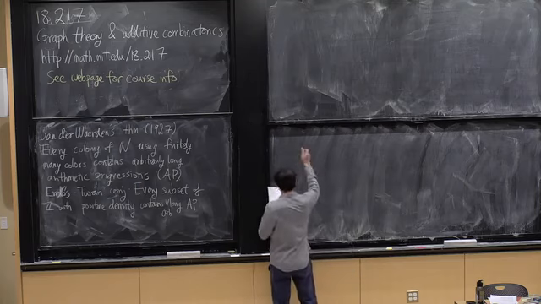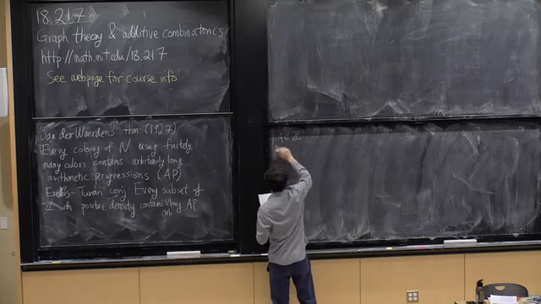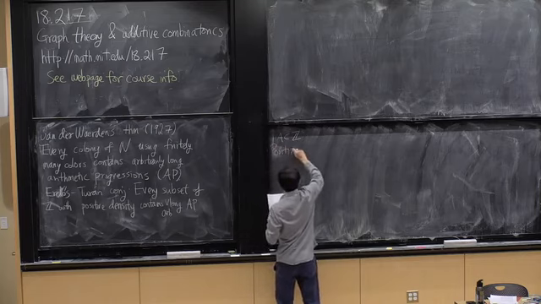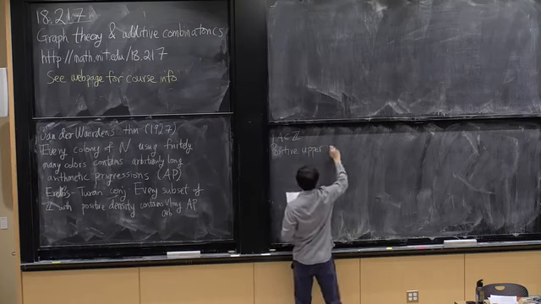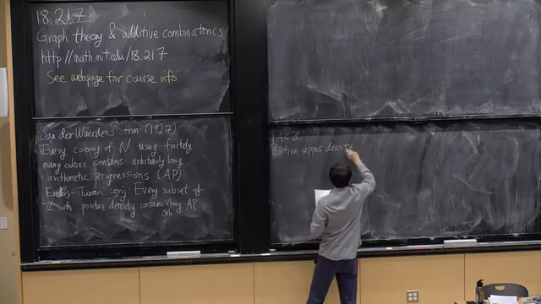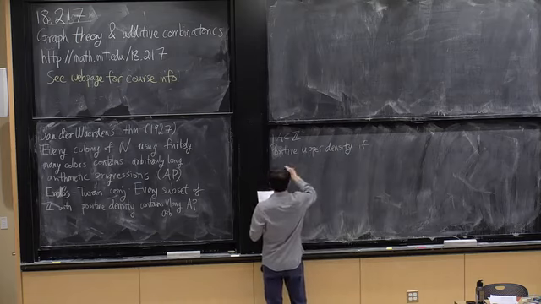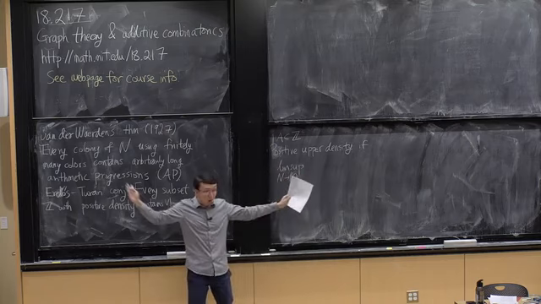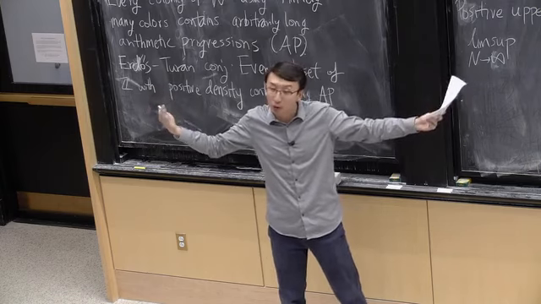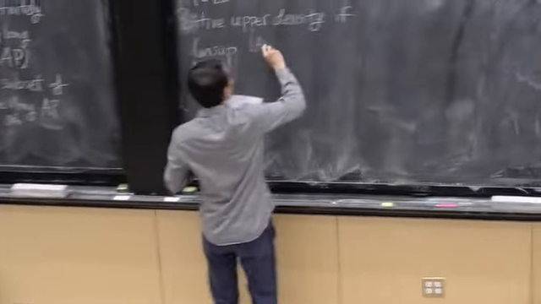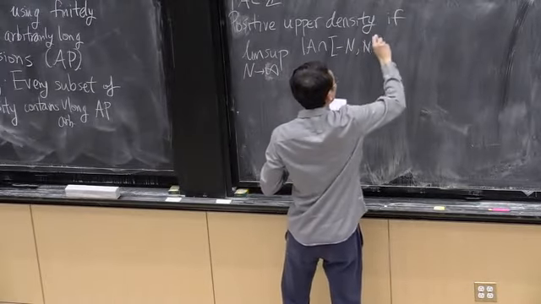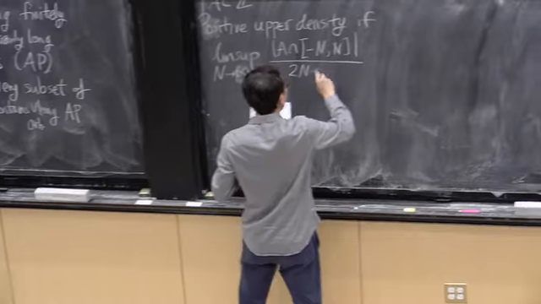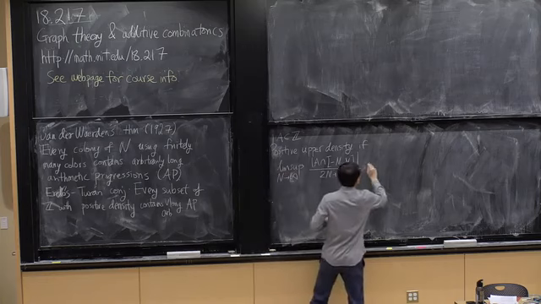Given a subset A of integers, let me just say that it has positive upper density if, when we take the lim sup as n goes to infinity, and take a scaling window, and look at what fraction of that window is A, this limit sup is positive.